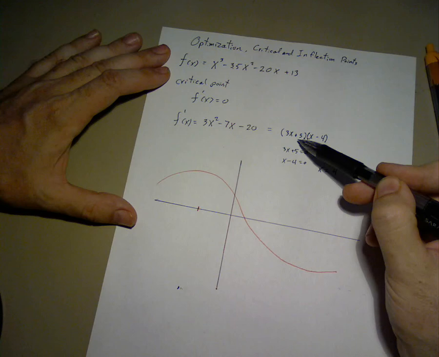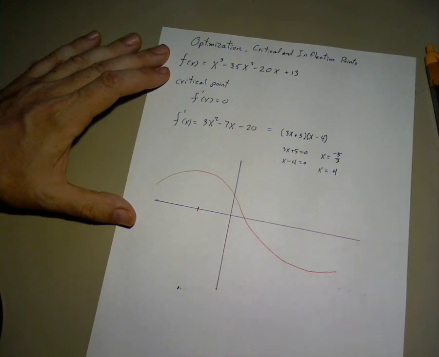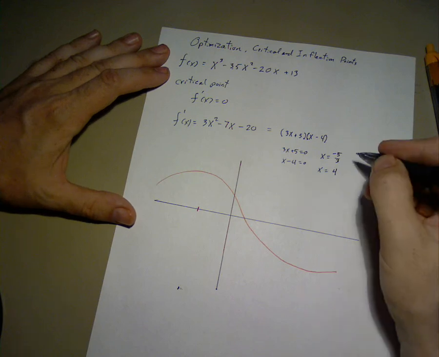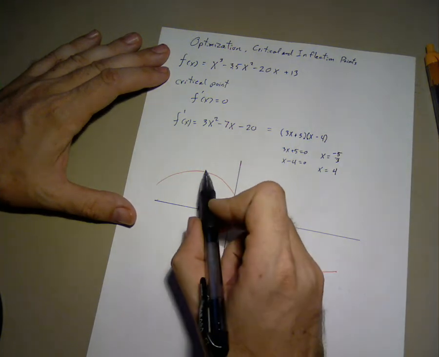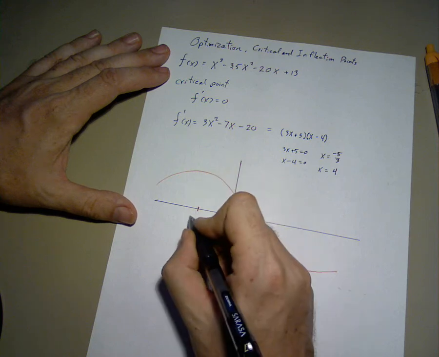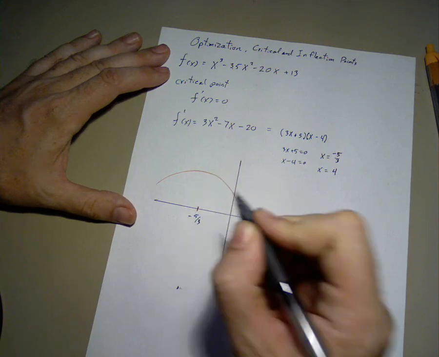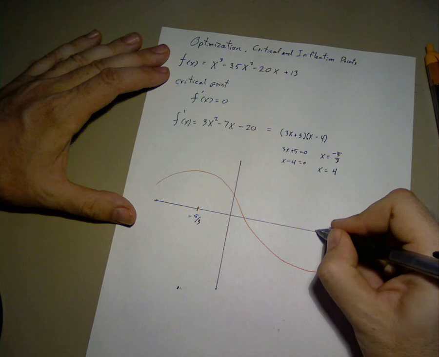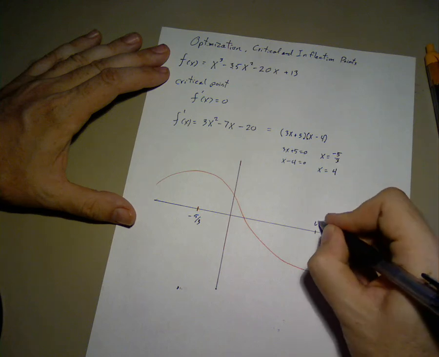Okay, there we go. That's correct. Therefore, our first maximum will be at x equals minus 5 over 3. And our minimum will be x equals 4.